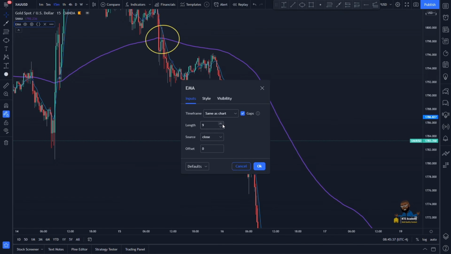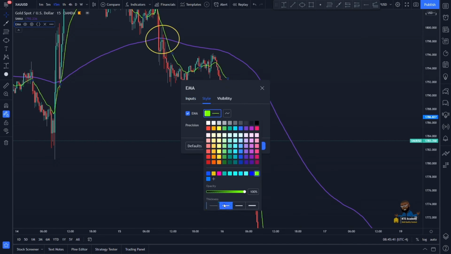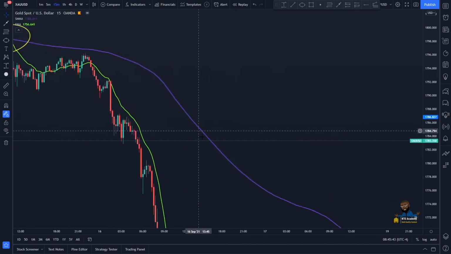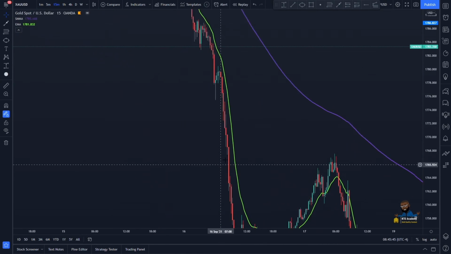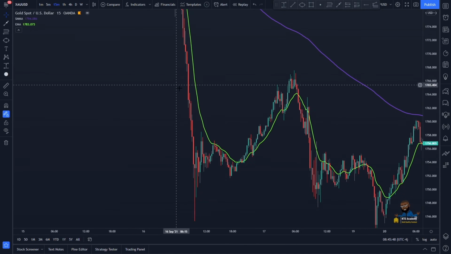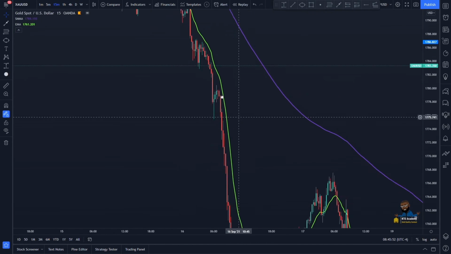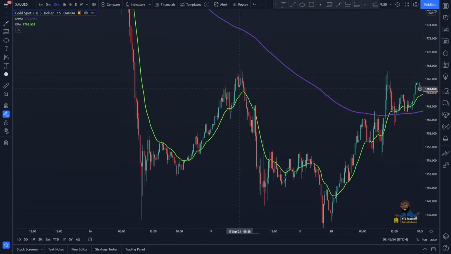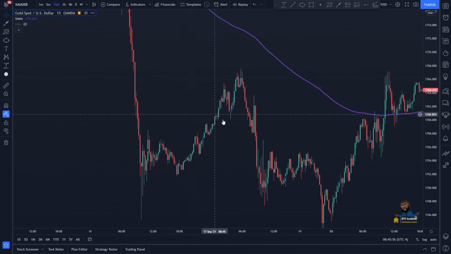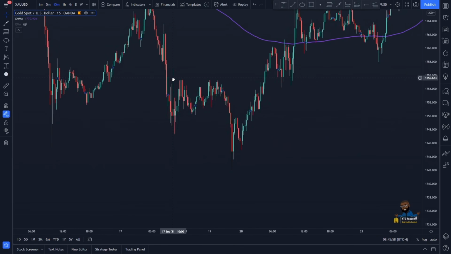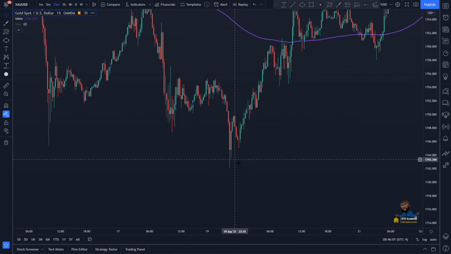My OGs remember this strategy right here on gold, right? I'll just use that 15 EMA because I love it, because it's hugging price tight and it will get me those nice re-entries. You guys know that. And we're continuing to the downside, right? We had a nice bearish trend.